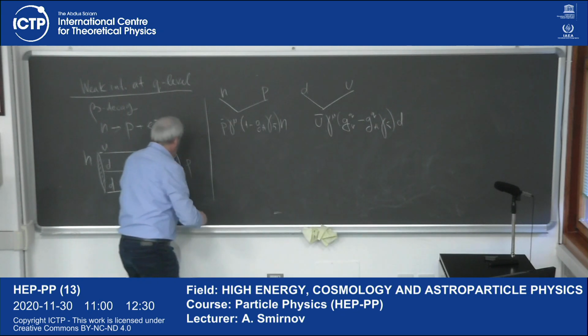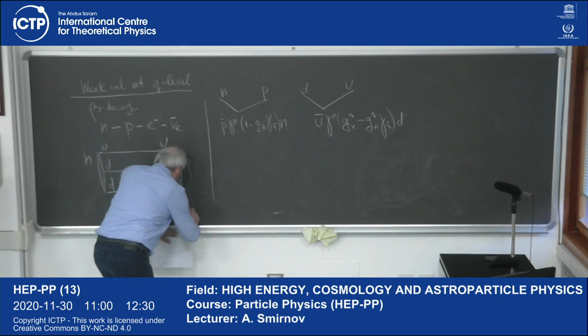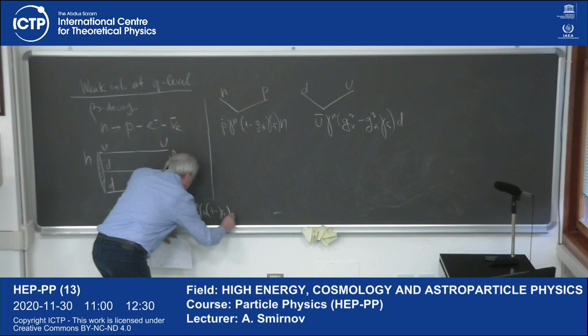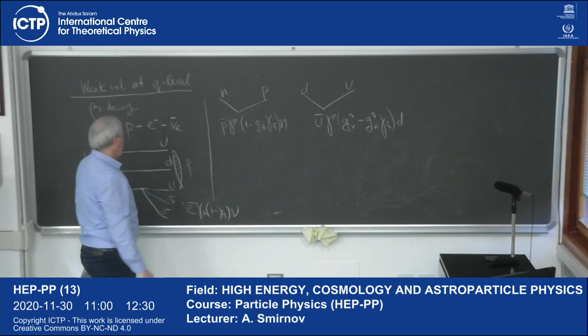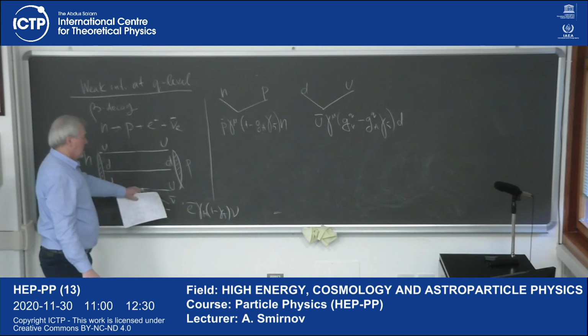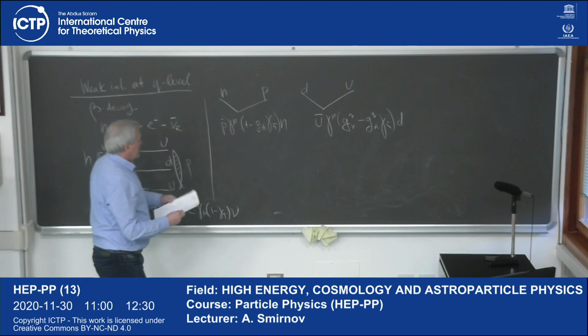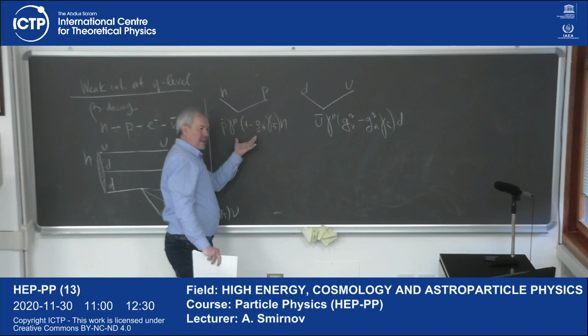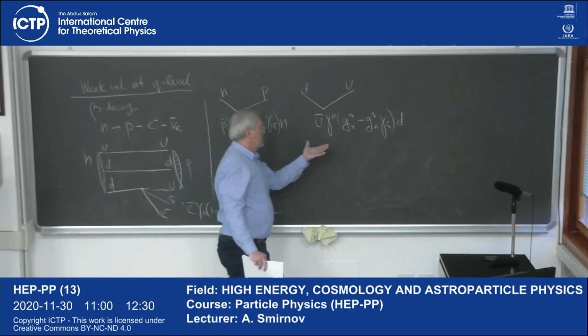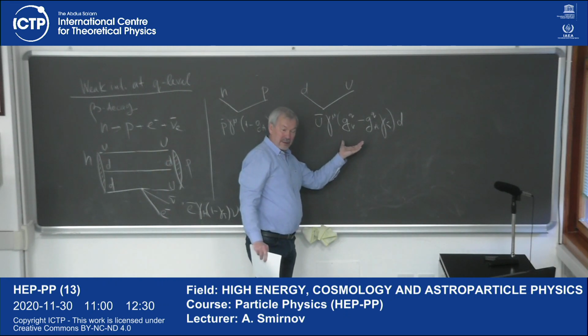And for the lepton, as we did before, we introduce the current e-bar gamma mu (1 minus gamma 5) nu. So it's again current times current, but now instead of the hadronic current, we introduce the quark current.